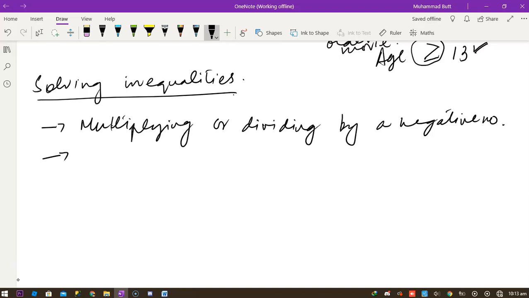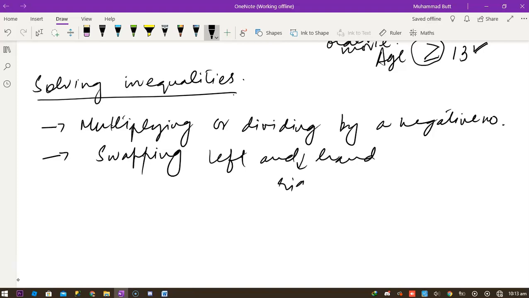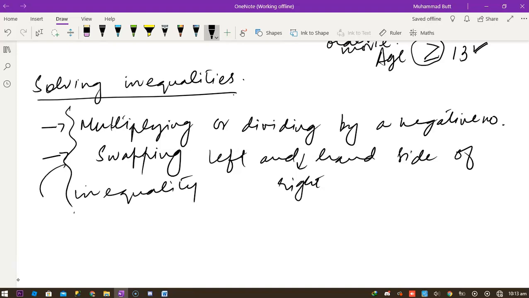And when you are swapping or flipping the left and right hand side of the inequality, in these two conditions, the signs of the inequality are reversed.